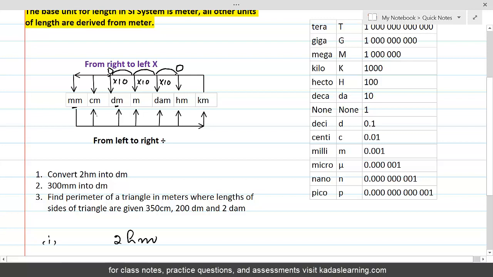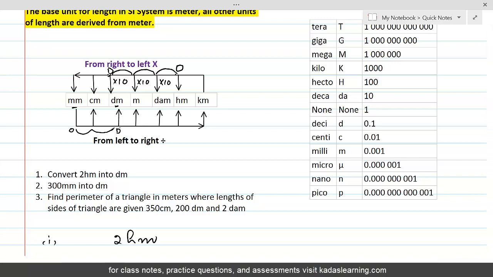So from origin to destination we make 2 steps. But this time our origin was on the left and our destination was on the right.